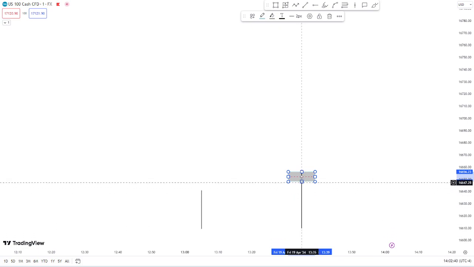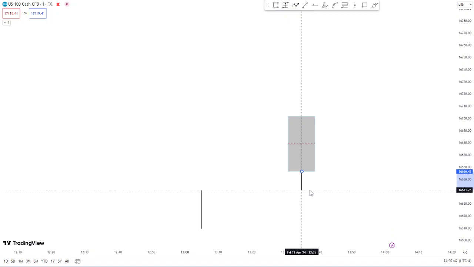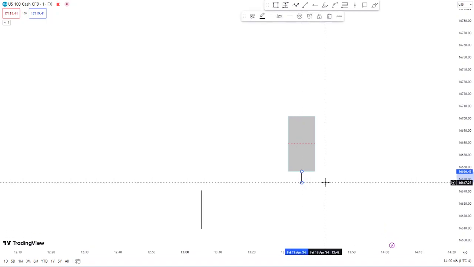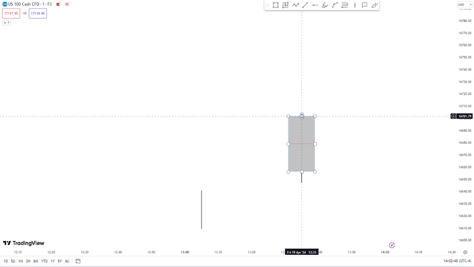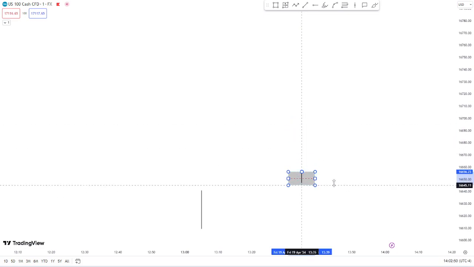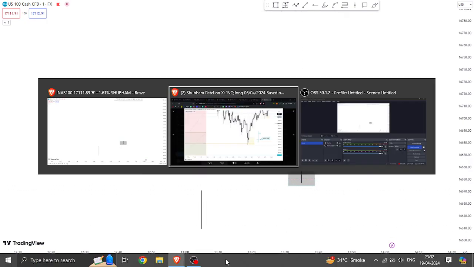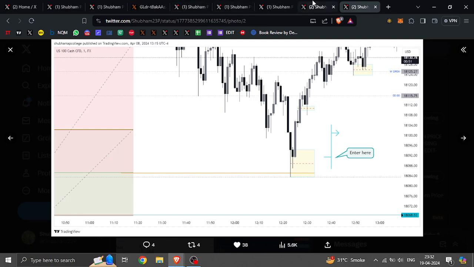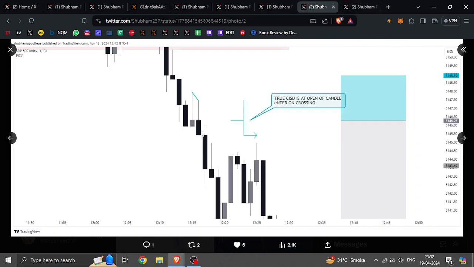We go short if the lower wick is present and it is minor, some small wick, this much or smaller. This wick is considerable. When it is crossing the opening price and going below the wick, you can enter short here. But if the lower wick is too long, then don't see open as True CISD in that case. Keep that in mind, guys. Keep that very clearly in mind.